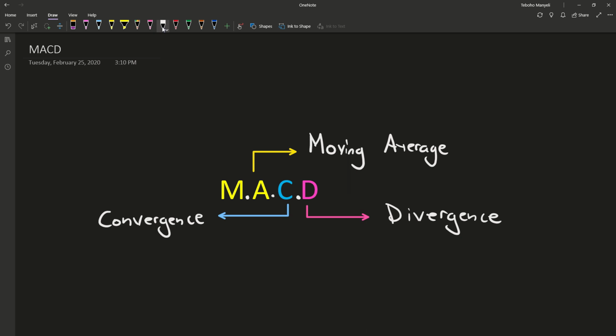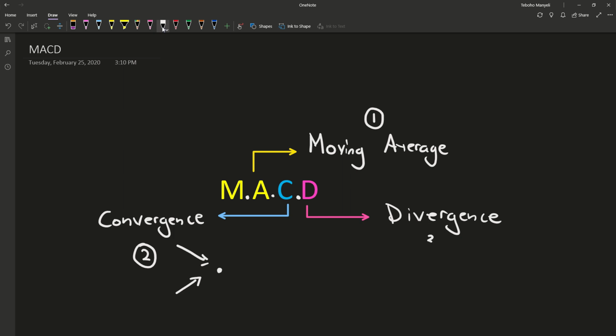Okay, so the MACD, or the moving average convergence divergence, does three jobs. One of its jobs is to indicate the average movement of the market. The second job is to identify when the market is converging, and convergence just simply means if you look at two lines, they'll be coming towards one another, so they're about to meet somewhere. So this is a point of convergence.